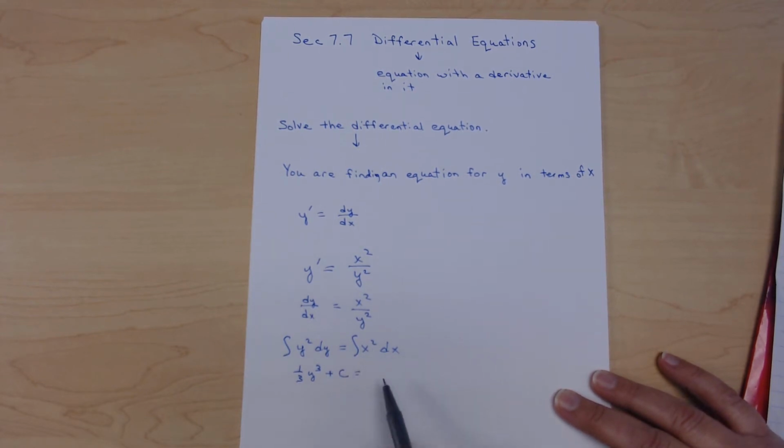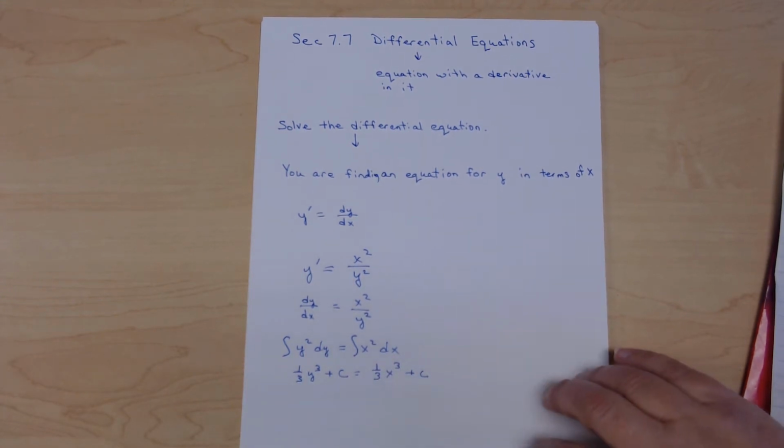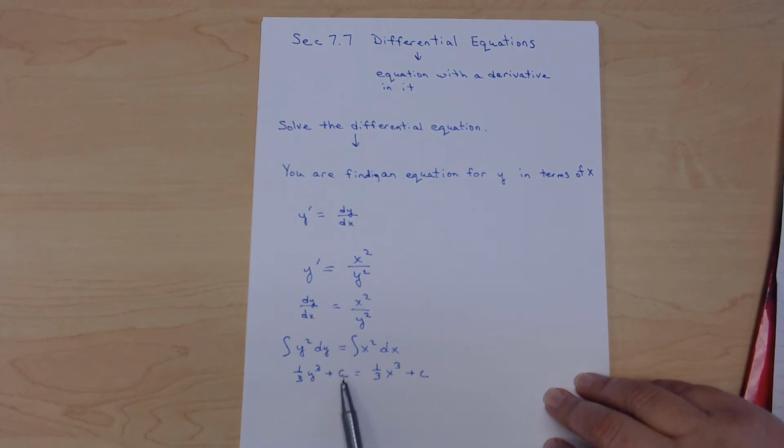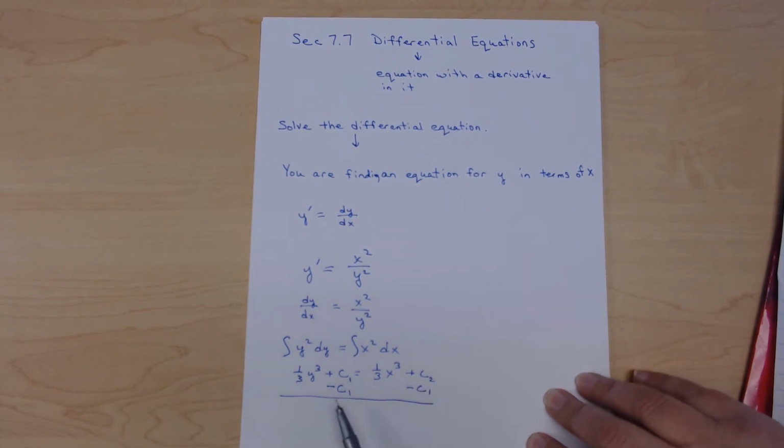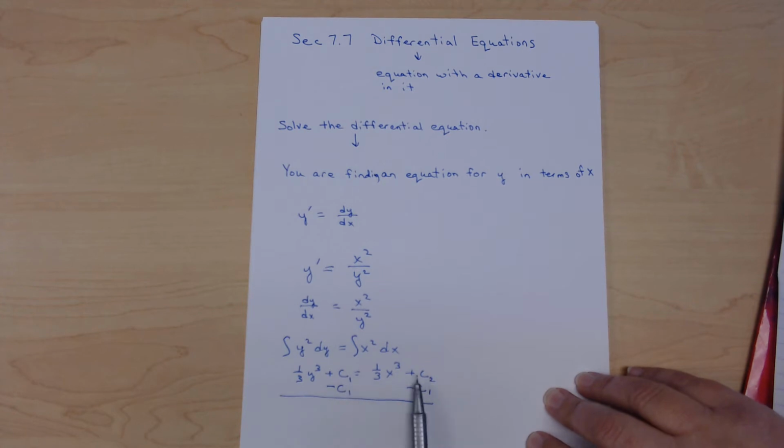And on the other side, the same thing, add 1, divide by the new, we get 1/3 x to the third plus c. But the first thing you're going to do is combine these c's. We could call them c1 and c2, but you move c1 over to get another c value. You don't have to put it on both sides. Technically you are, but the first thing you do is move it to one side.